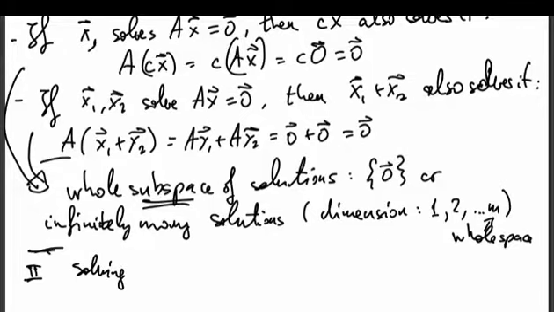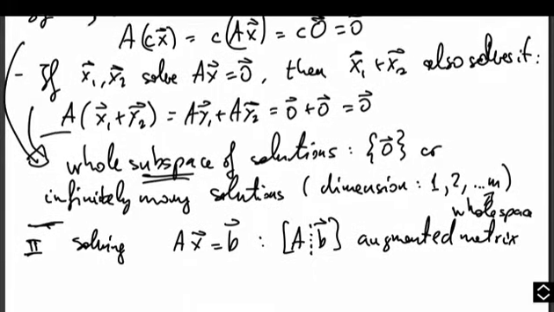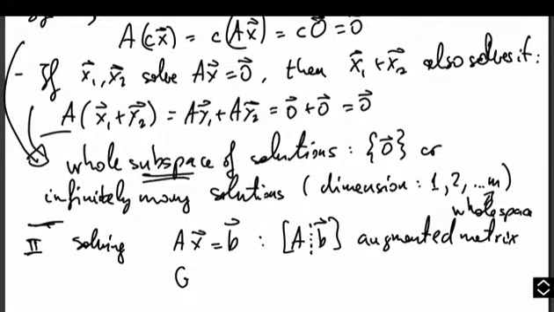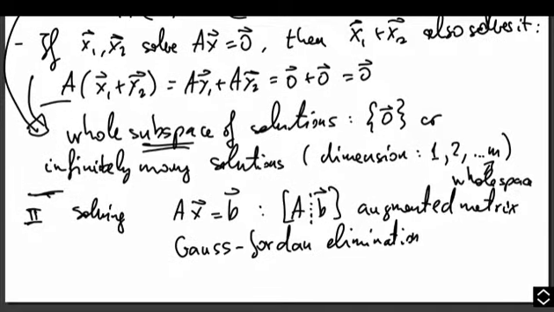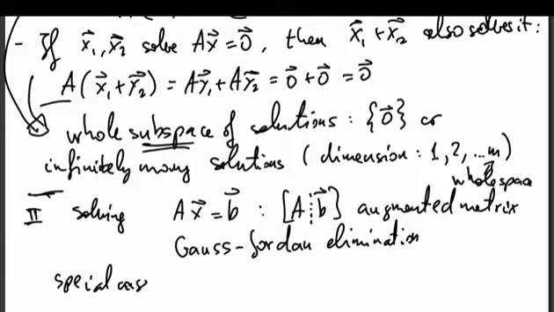So first of all, solving in general a linear system Ax equals b, what we do is we have an augmented matrix, and then we do Gauss-Jordan elimination. Now, we only need a special case when we have a 0 right-hand side vector, Ax equals 0.